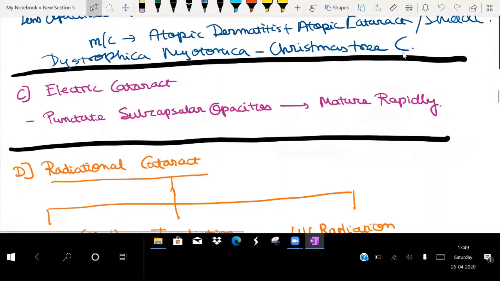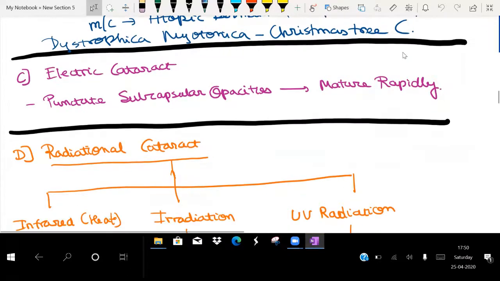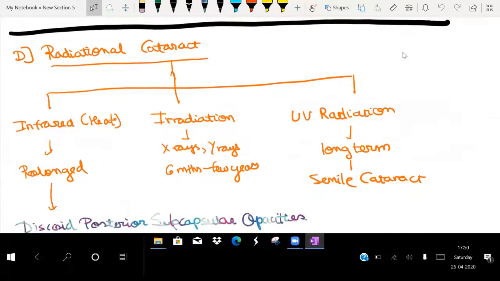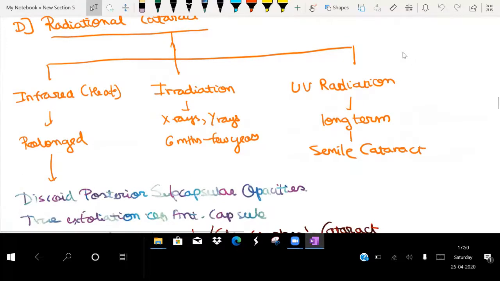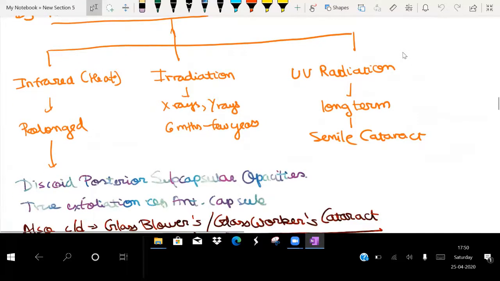The third type is the electric cataract, which shows punctate opacities. They mature rapidly and are associated with electric current. The fourth type is the radiational cataract. We have classified it depending upon the type of radiation exposure. Prolonged infrared exposure can lead to discoid posterior subcapsular opacities and true exfoliation of the anterior capsule.